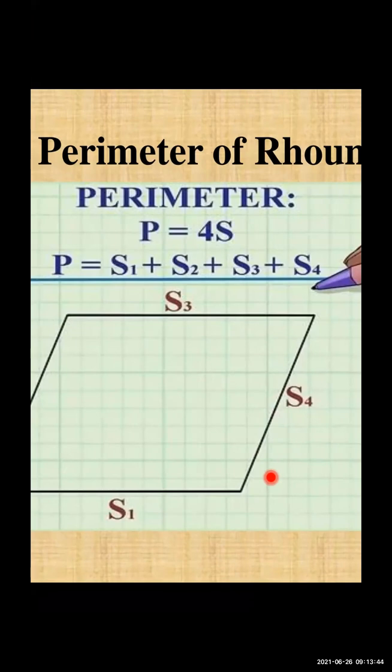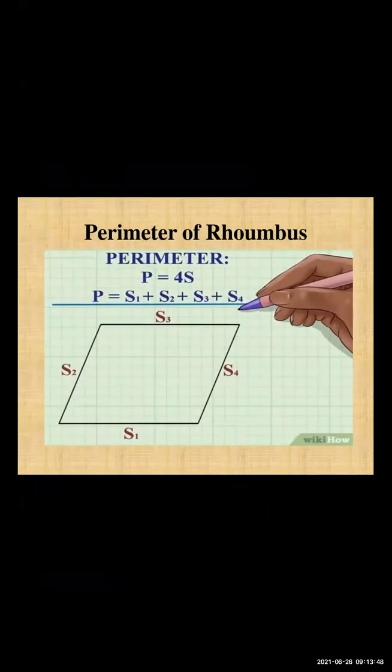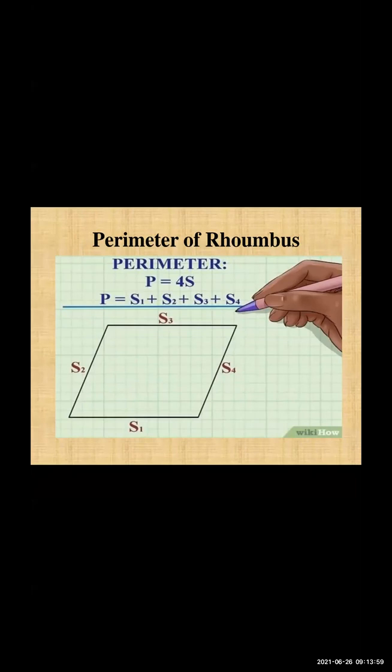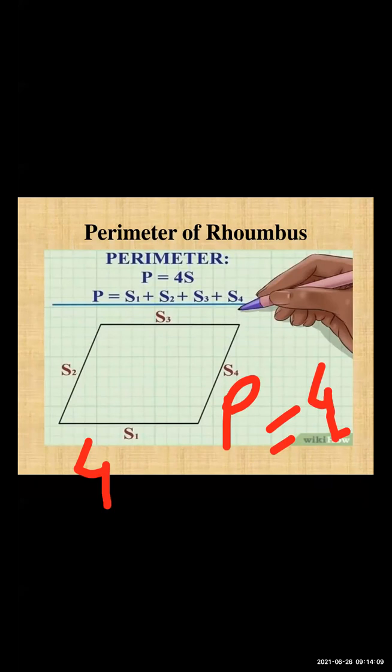If you want to take any example, we can take. Let us take one example. Suppose we are taking this value as 4. After using the formula, what is the formula? P is equal to 4 into s.